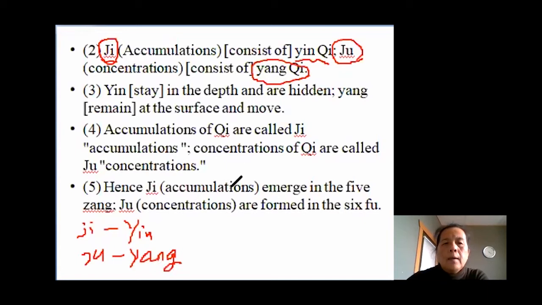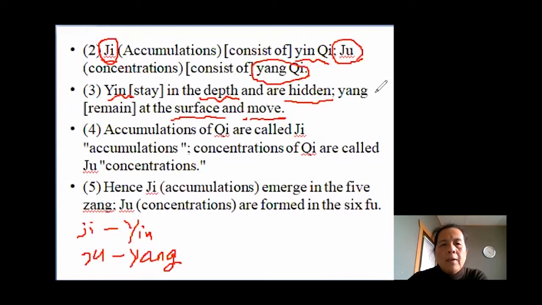Yin illness is basically located deeper, hidden. Yang generally is superficial and moving. That's generally how yin and yang are in nature here.